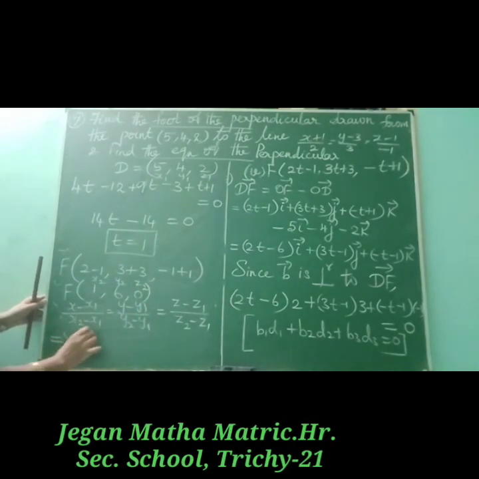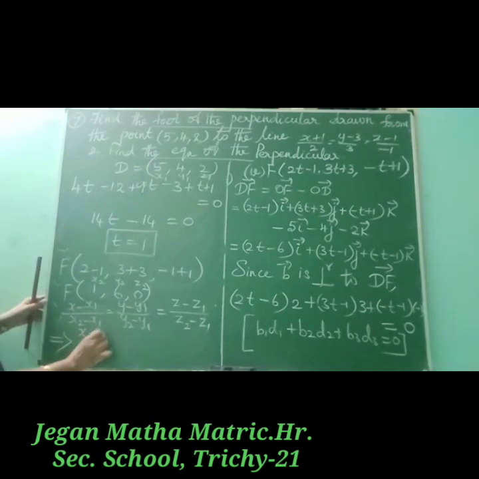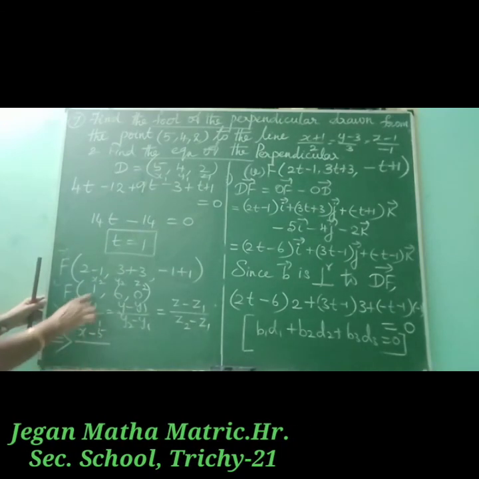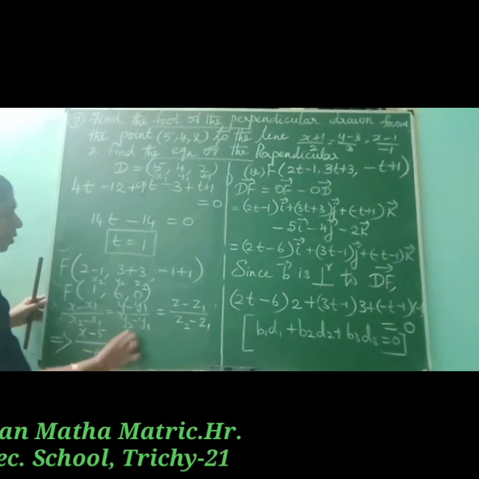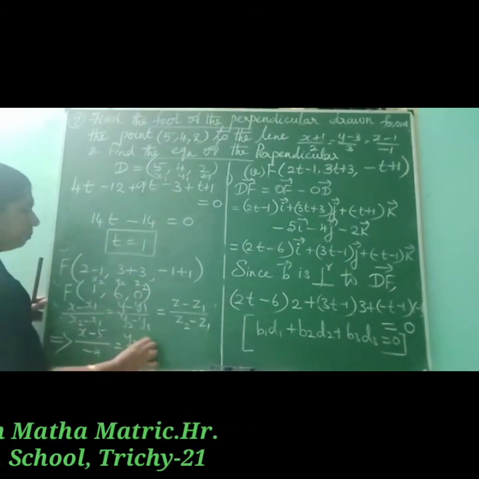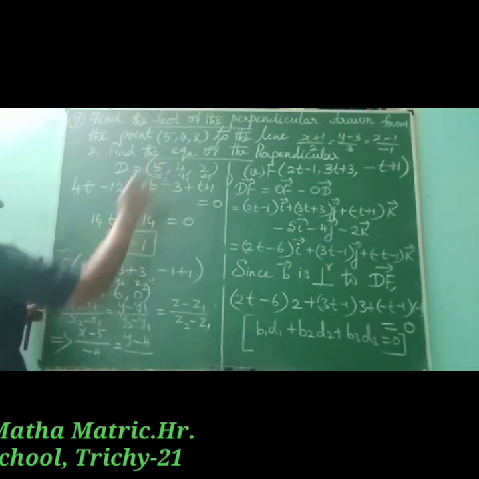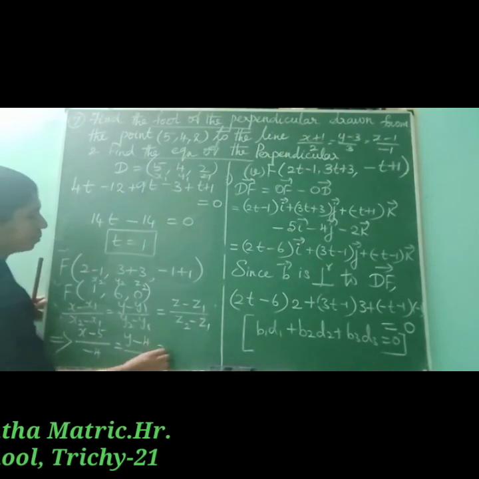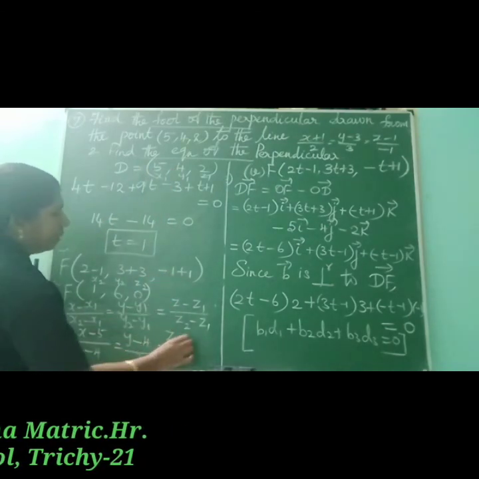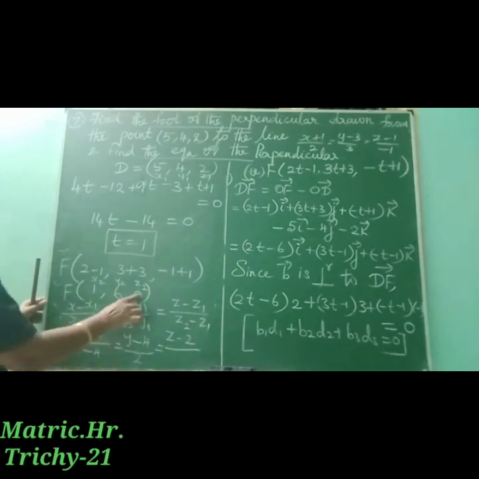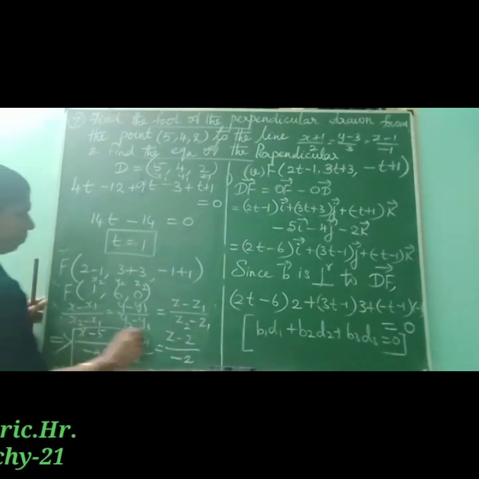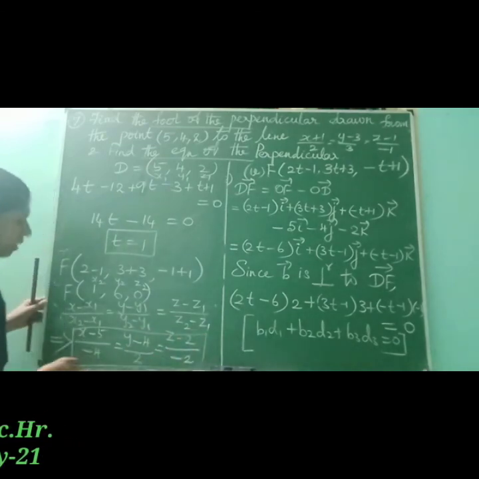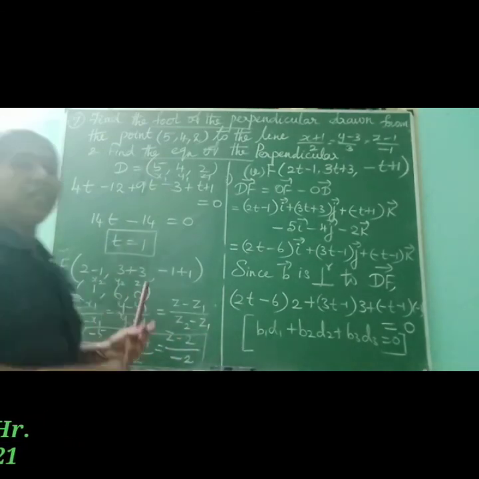So (x - 5)/(-4) = (y - 4)/(6 - 4) = (z - 2)/(0 - 2), that is (x - 5)/(-4) = (y - 4)/2 = (z - 2)/(-2). This is the required equation of the perpendicular DF.